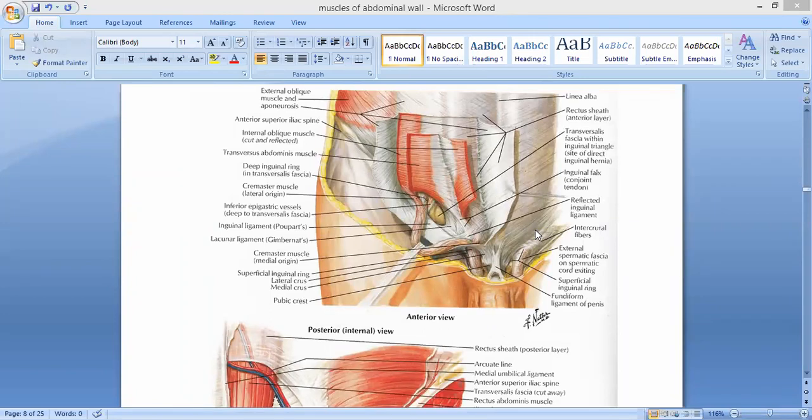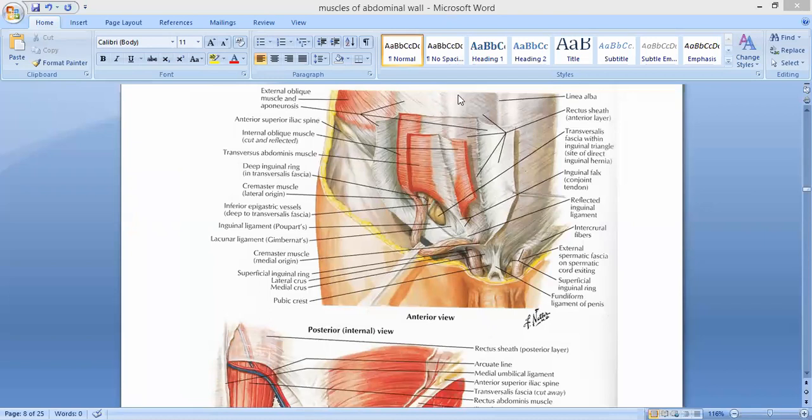Yes, what is the conjoint tendon? Faria, Miss Faria, do you have a mic? Reply in the chat, children. What is the conjoint tendon? Who will tell? Any participant?